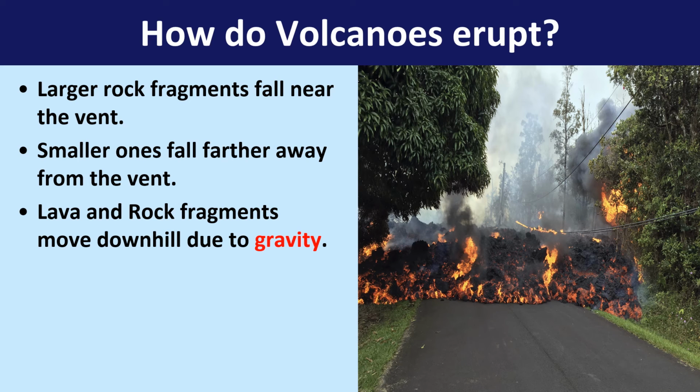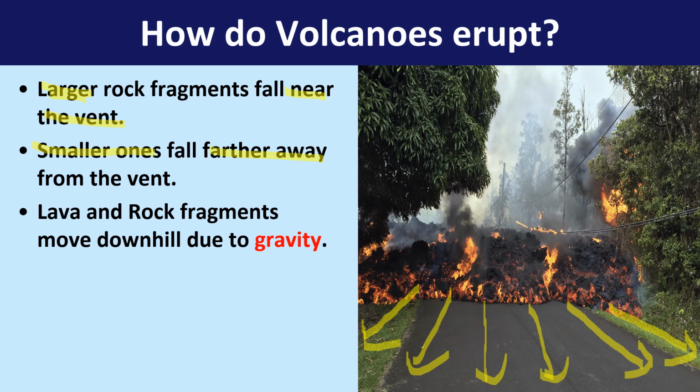Larger rock fragments fall near the vent because they're heavy. Smaller ones go further away because they're lighter. Lava and rock fragments move downhill due to gravitational force. I think this is more of a slope, so it's going to go in multiple directions, down like this.